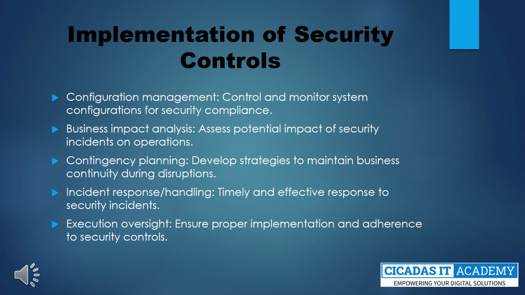It is crucial to establish clear roles and responsibilities, define implementation timelines, and provide adequate training to personnel involved. Once implemented, regular monitoring, testing, and evaluation are necessary to ensure the ongoing effectiveness of the controls. Continuous improvement and adaptation to emerging threats are essential for maintaining a robust security posture.